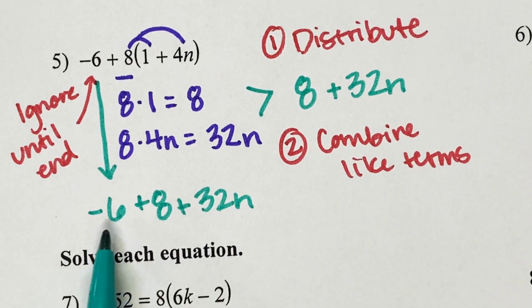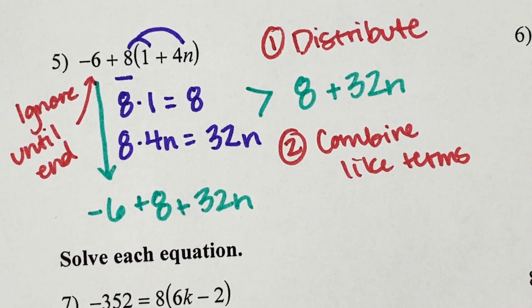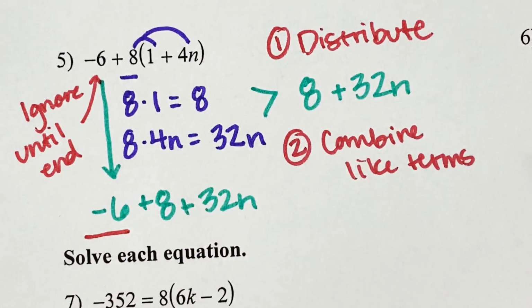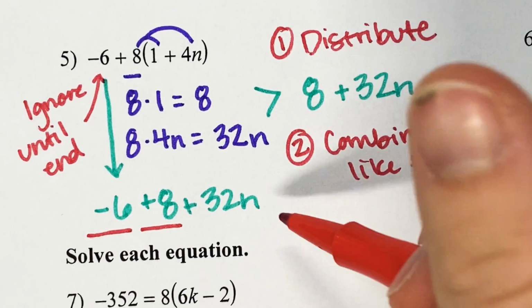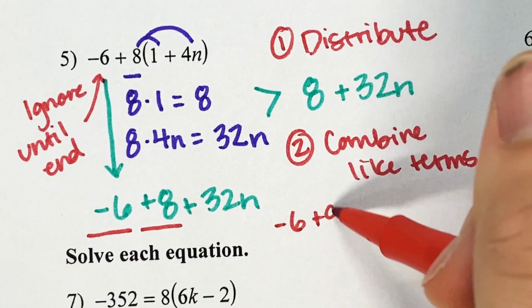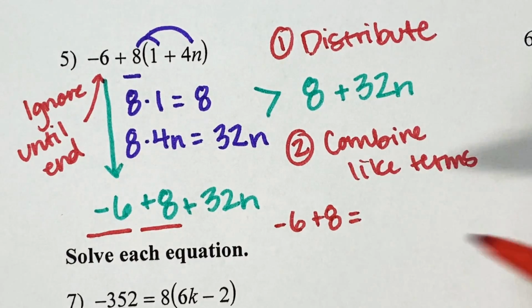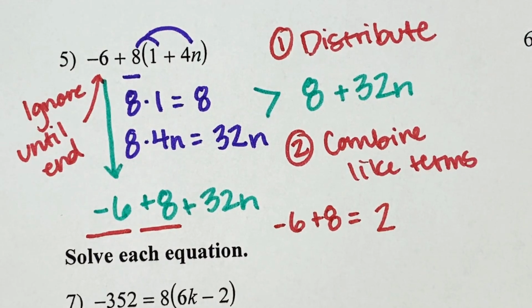Looking at our new expression without parentheses, what are my like terms that I can combine? I see that -6 doesn't have a variable and 8 doesn't have a variable. So -6 plus 8 is going to give me +2.